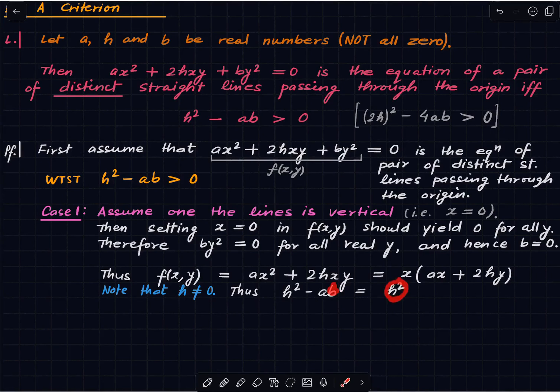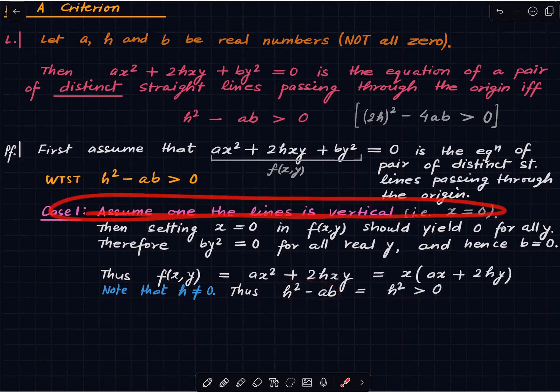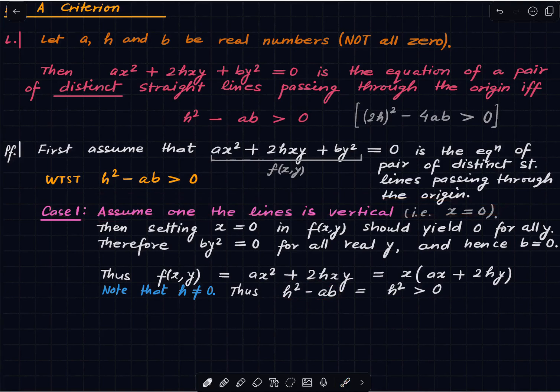But h is non-zero, therefore h square is positive. And we have shown that h square minus ab is positive. So in this case, we are able to argue. So in the other case, we will assume that none of the lines are vertical. Maybe that should be done on a separate page. So case 2.